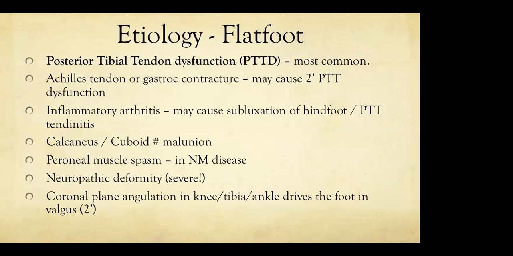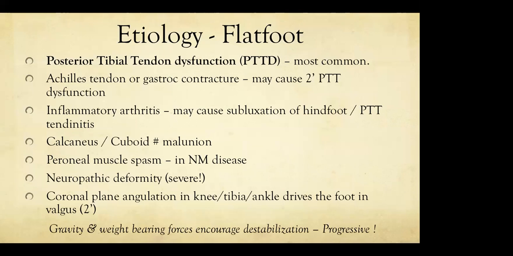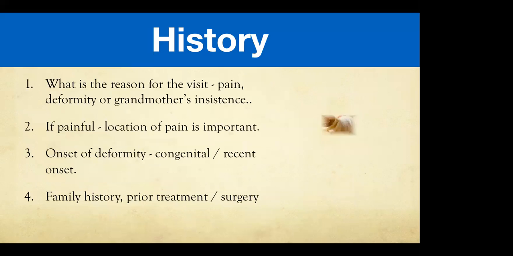In neuromuscular disease, you will find that in the first few years of his life he was walking normally and then it has progressed in his teens. So there are different neuromuscular diseases which have their own natural history. And sometimes coronal plane angulation at the knee, tibia or ankle drives the foot into secondary valgus. So these are all important things. Add to that, gravity and weight-bearing forces encourage destabilization of the midfoot and make this deformity more progressive.